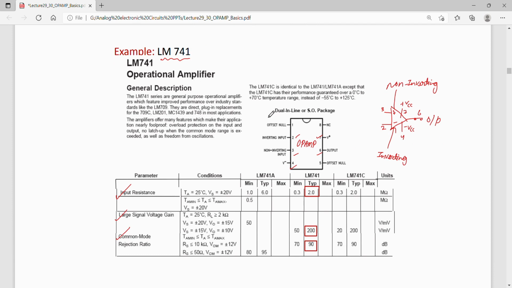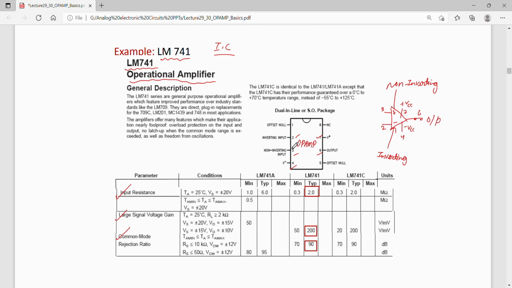Now in your lab you will find an integrated circuit for this op-amp, the IC number LM741, which is an operational amplifier integrated circuit. This integrated circuit has 8 pins, 1 2 3 4 5 6 7 8.